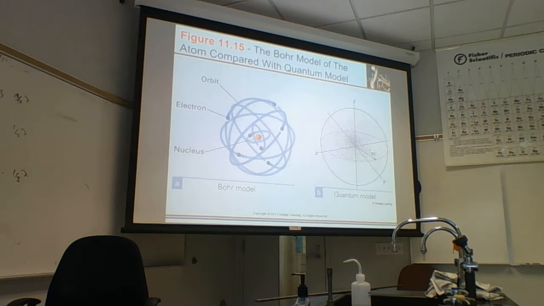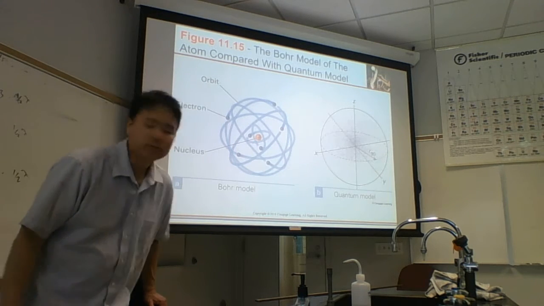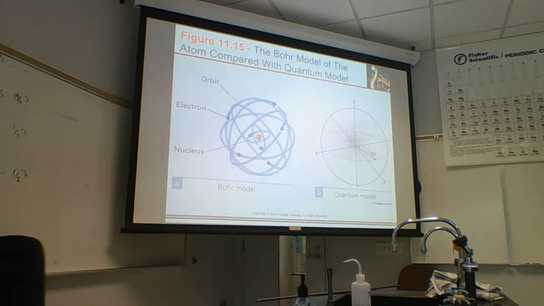The Heisenberg uncertainty principle says if we pinpoint the energy of the electron, and we want to know the energy of the electron for sure, then we cannot pinpoint the position of the electron with certainty.